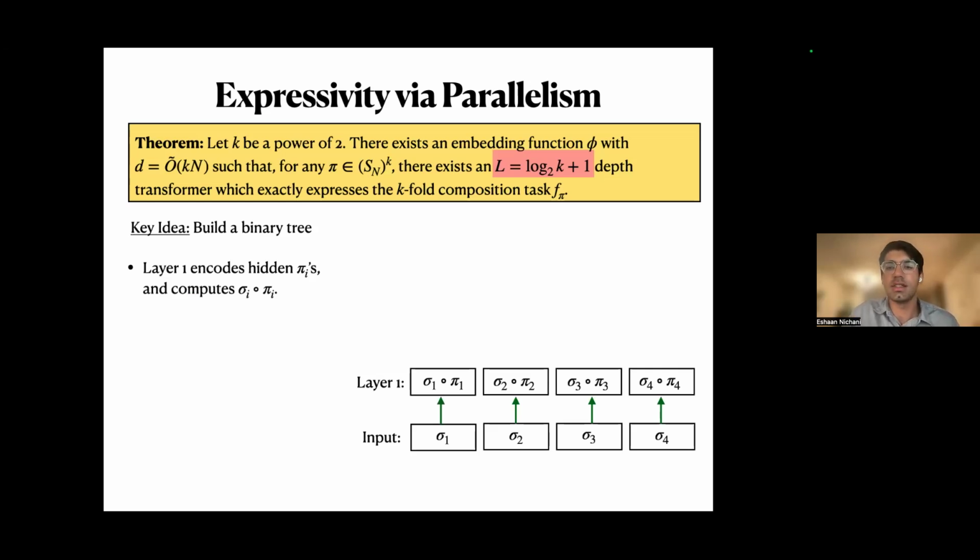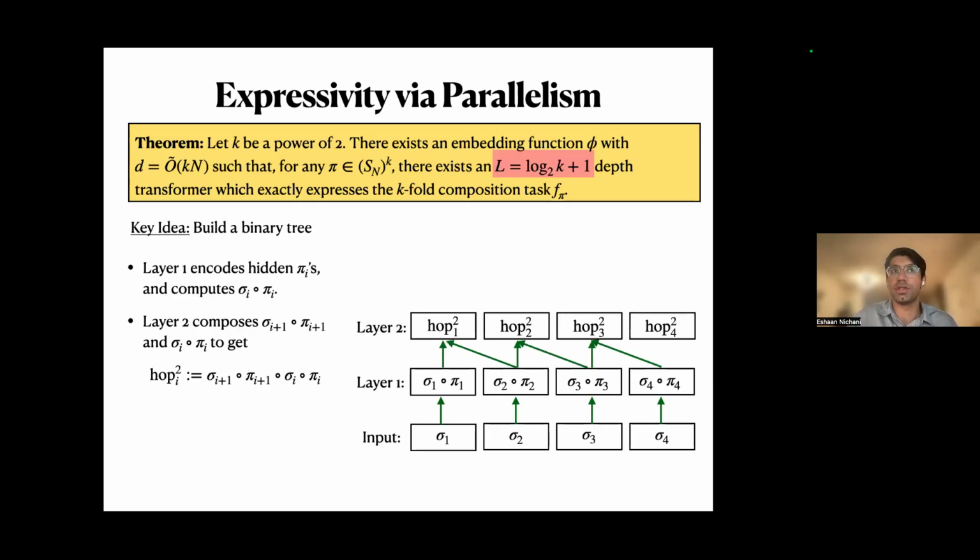The second layer is then going to compose the adjacent compositions sigma i plus 1 and pi i plus 1 with sigma i and pi i to obtain a new permutation, which we call hop 2. This is just composing two sets of permutations starting from the index i. The output of the second layer will then be these hop 2 permutations.